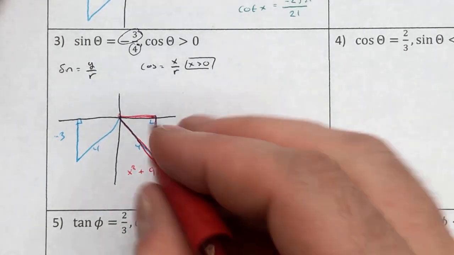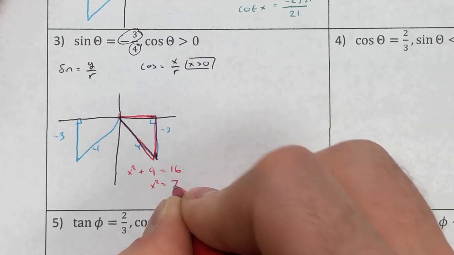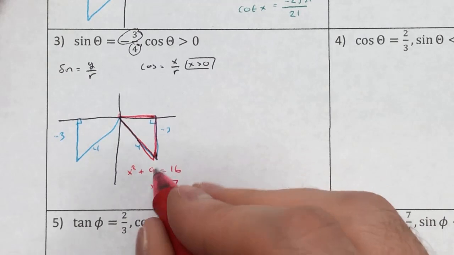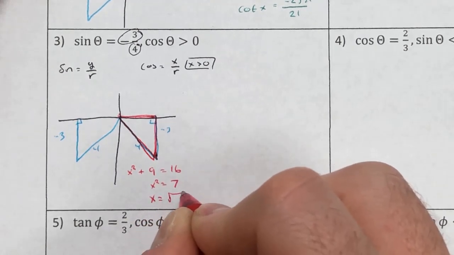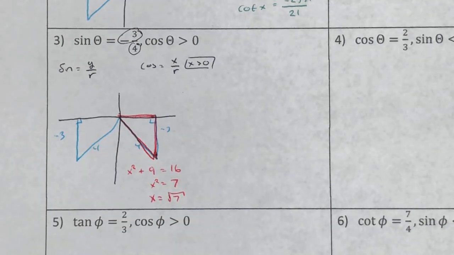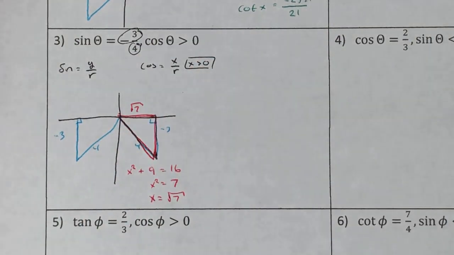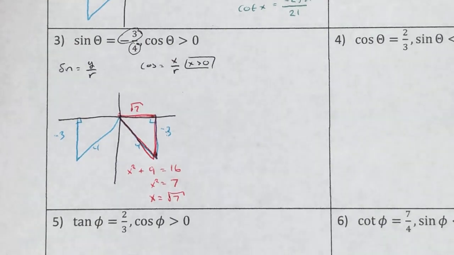If I take 9 from 16, that's going to give me 7. Arithmetic is a little hard right now. So that's going to be x equals the square root of 7. Okay. So if I have the square root of 7 right here, that's going to tell us everything we need to know about all 3 of these trig functions.